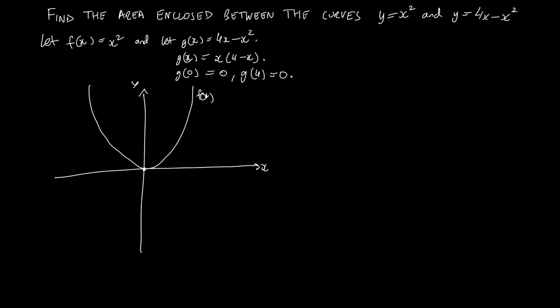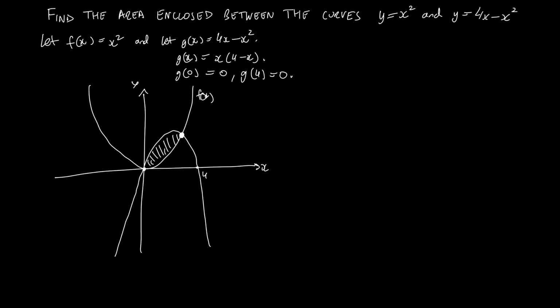So I'll put in my x-intercept at 0 and my other x-intercept at 4. All right, so the goal is to find this area here, this shaded region. So the easiest way to do that is we need to find this intersection point right here.